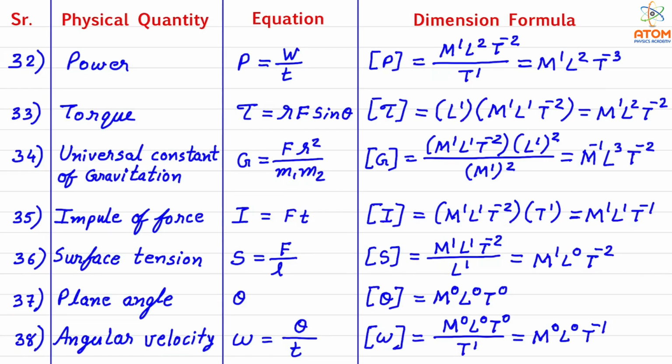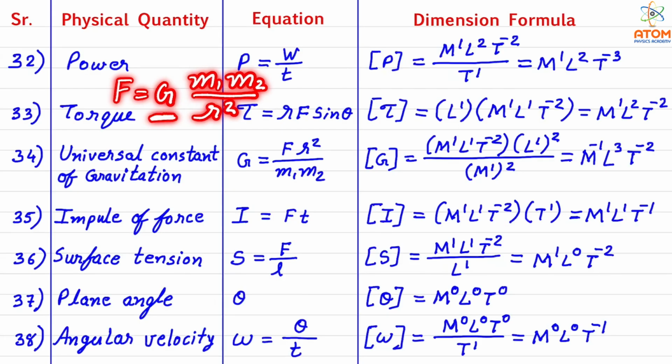Then comes universal constant of gravitation. Now you know the equation of gravitational force, F is equal to G M1 M2 upon R square. I hope you remember this is the equation of gravitational force applying between two masses M1 and M2 at a distance R. Here this G is known as universal constant of gravitation.